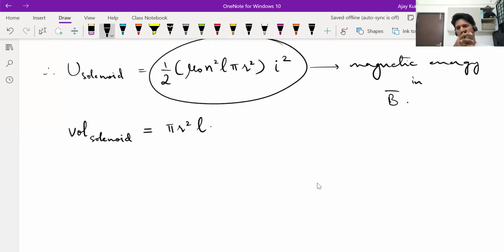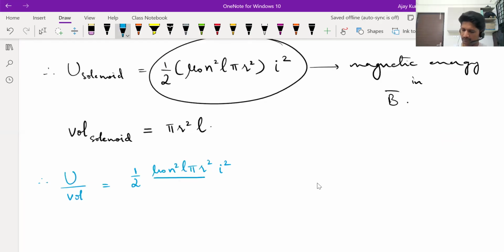We know how much energy is stored in that volume, and we know the volume. Therefore, we can now write energy stored per unit volume. Divide these two: half mu naught n square L pi R square into I square, divided by the volume pi R square L.